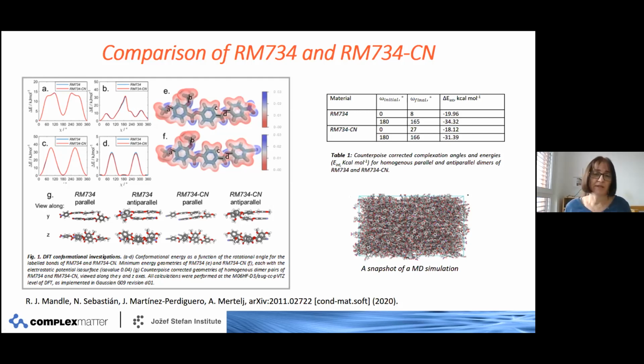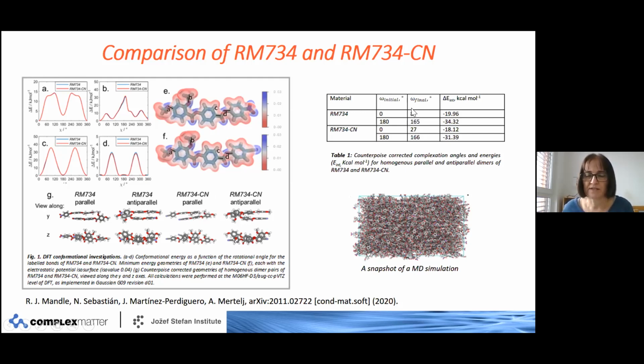Next thing he did, he calculated the most stable conformation of parallel and anti-parallel pairs in these materials. And here we observed that the angle between the molecular axes of the parallel pair of RM734 is much smaller than the one in the cyano material.